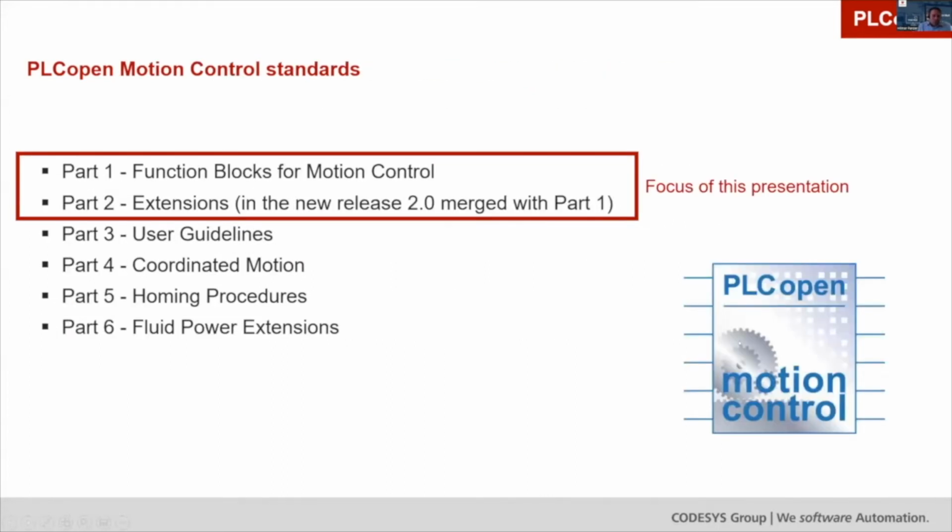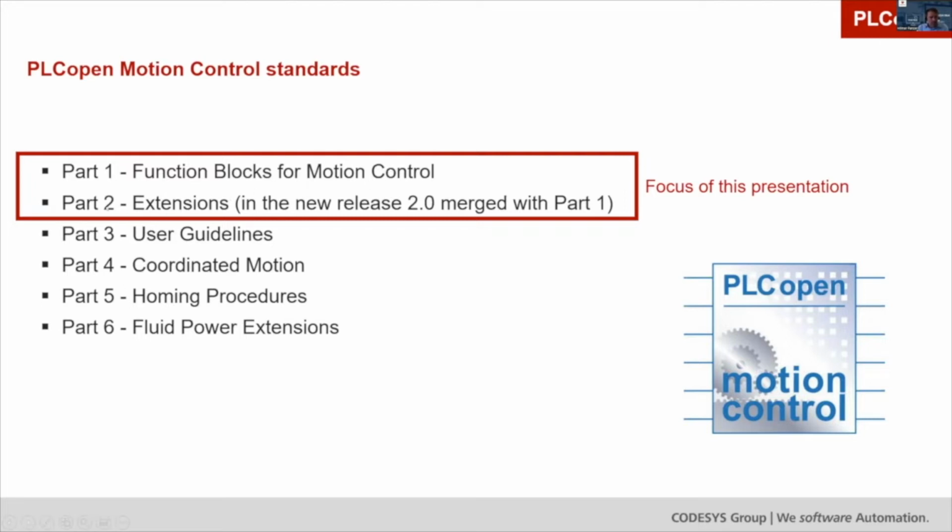About the motion control standard, there were several parts, several different papers that were published. The first one, as mentioned, was started about 25 years ago, and the first version was released in 2001, so about 20 years ago. It was about the function blocks for motion control, the single axis function blocks, the simple ones.